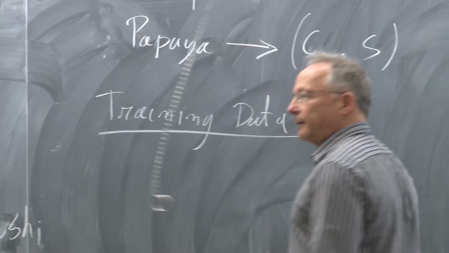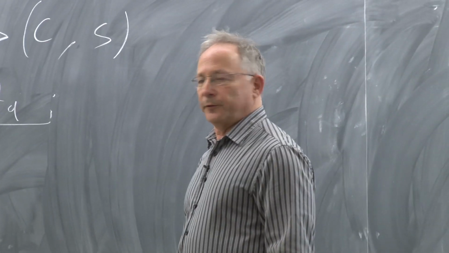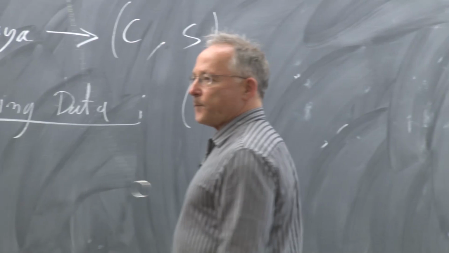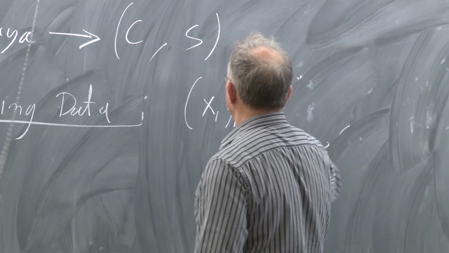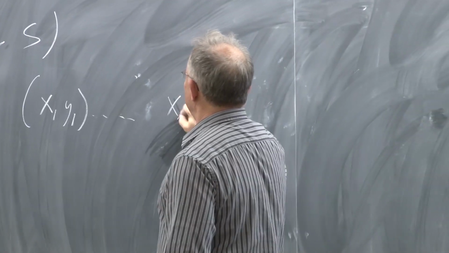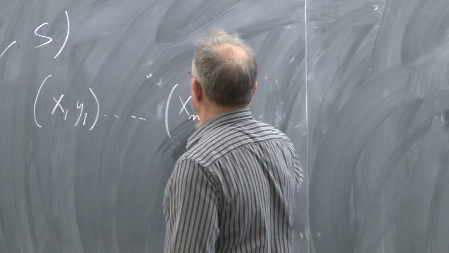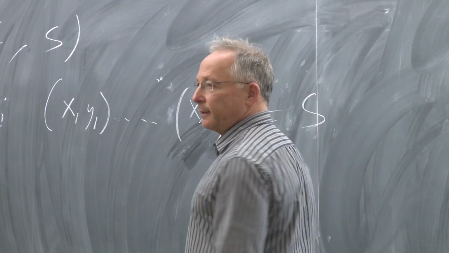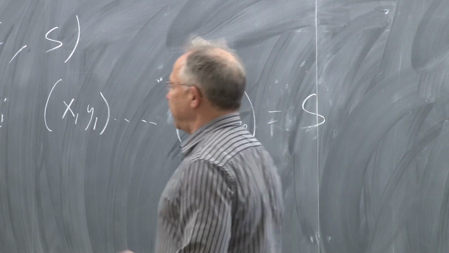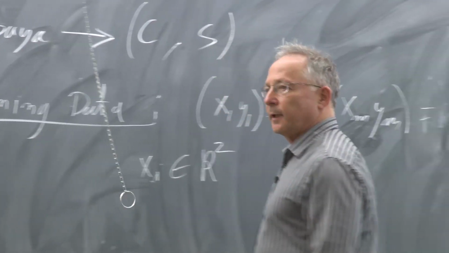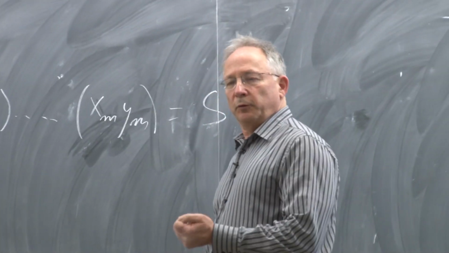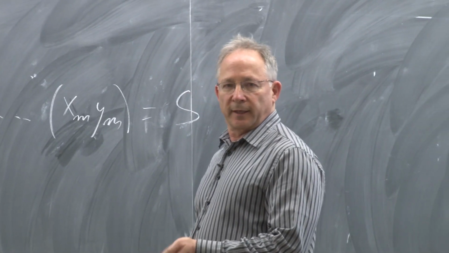And my training data are going to be of the form x1, y1 up to xm, ym. We sometimes call it a sample and designate it with S, where xi belongs to R², because it's two real numbers, the softness and the color.